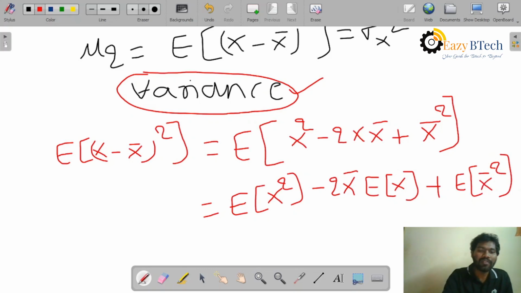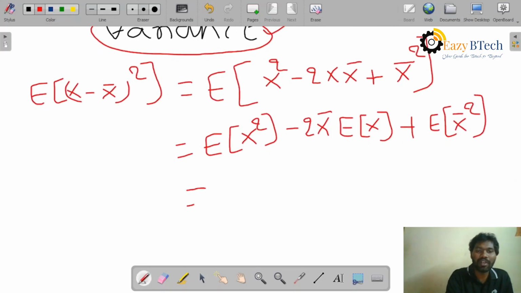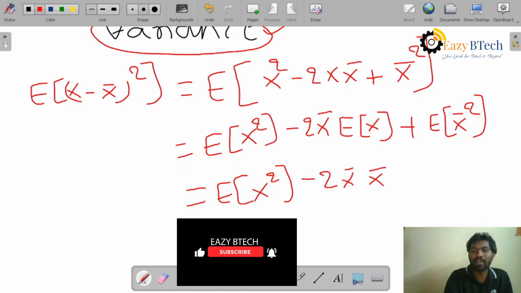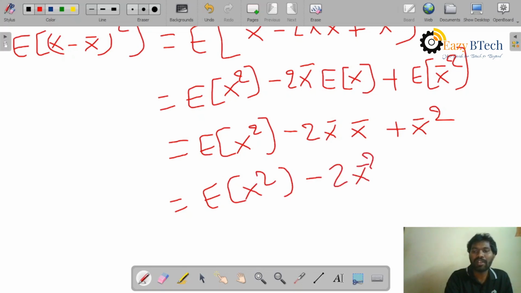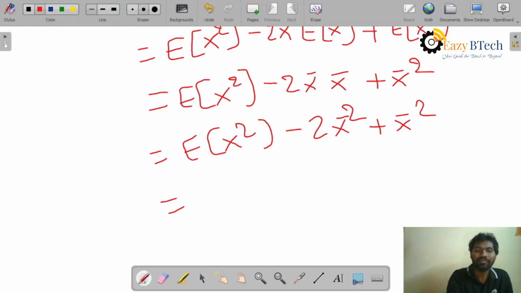So it is equal to expectation of x square minus 2 x bar into x bar plus x bar square, which is equal to expectation of x square minus 2 x bar square plus x bar square. So it becomes expectation of x square minus x bar square.